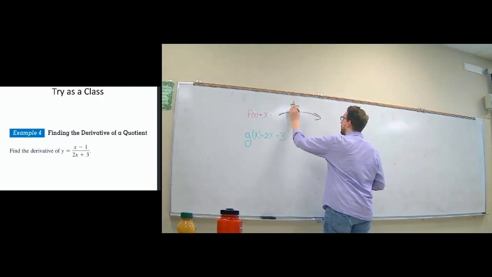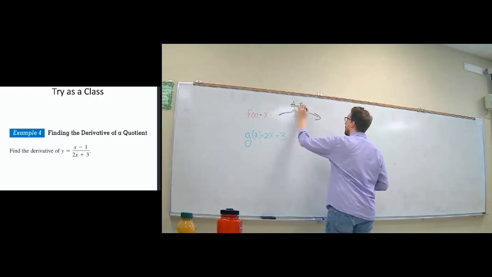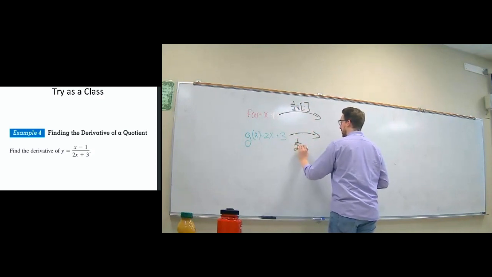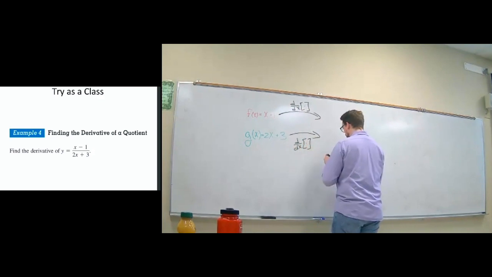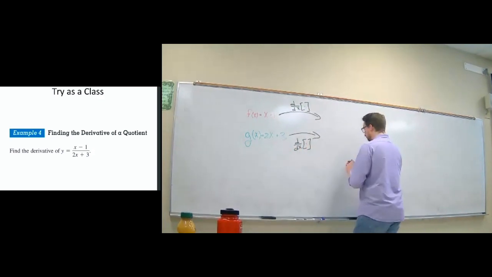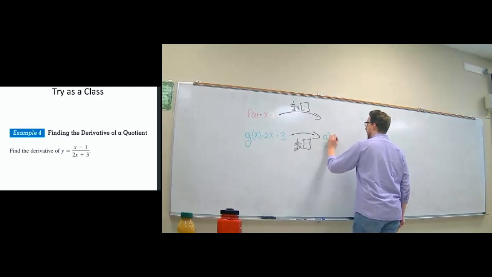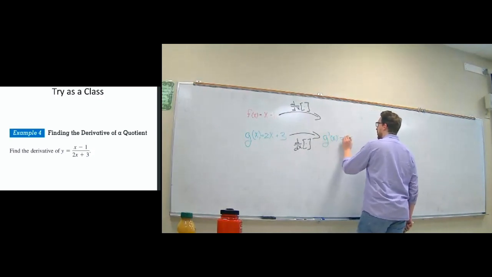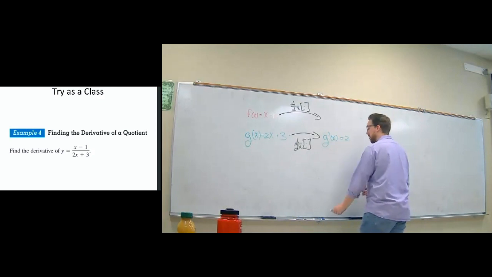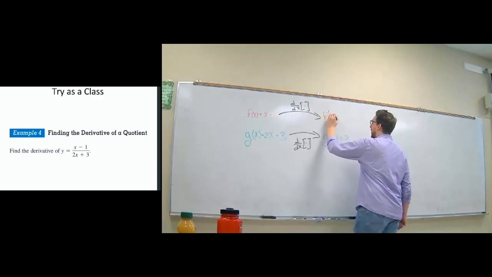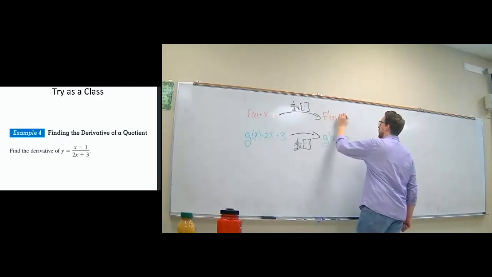Find the derivative. We get g prime of x is equal to just 2. And f prime of x is equal to just 1.